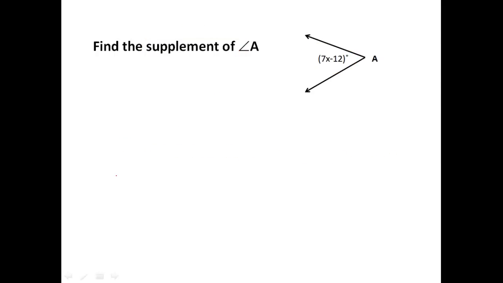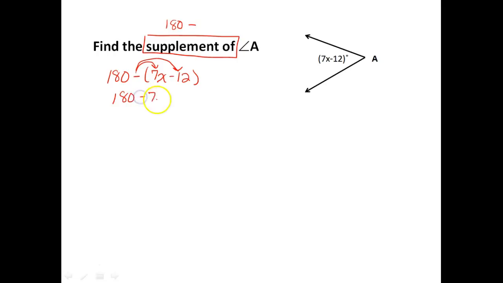All right, now let's find the supplement of angle A. Supplement of 180 minus 7x minus 12. Distribute that negative. Don't forget to do that. 180 minus 7x plus 12.